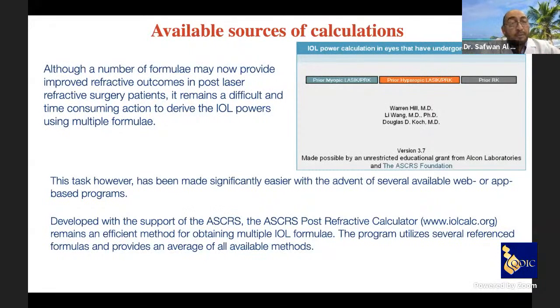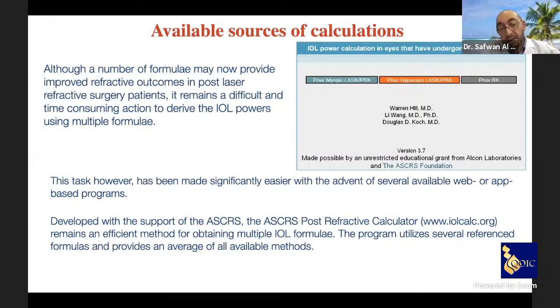Although a number of formulas may now provide an improved refractive outcome in post-laser refractive surgery patients, it remains difficult and time-consuming to derive the IOL power using multiple formulas. This task, however, has been made significantly easier with several available website or app-based programs developed with the support of ASCRS.